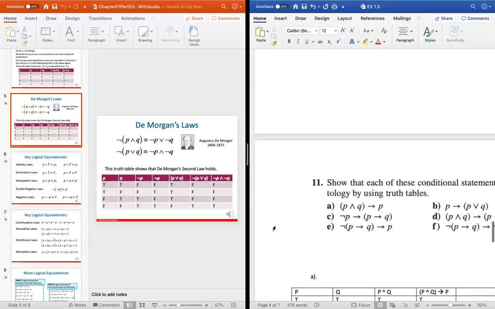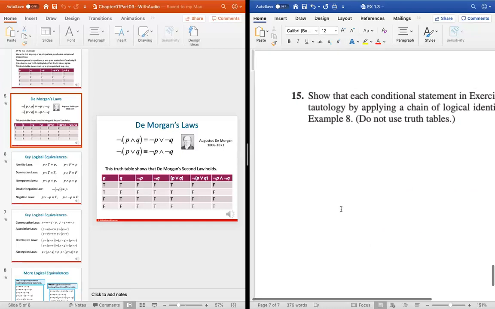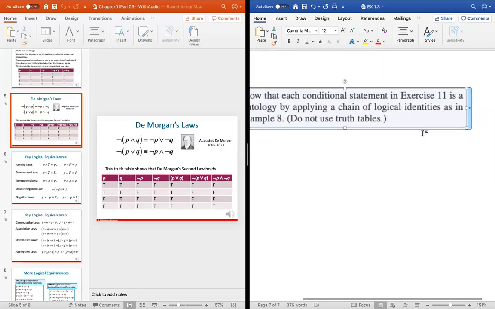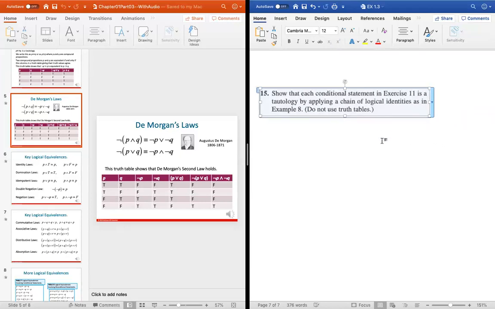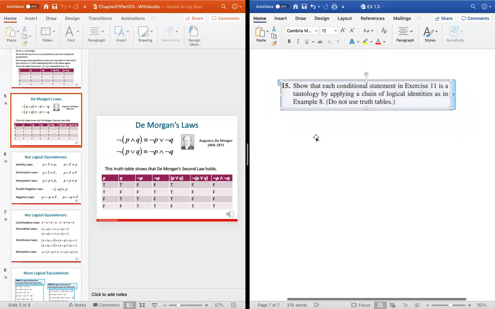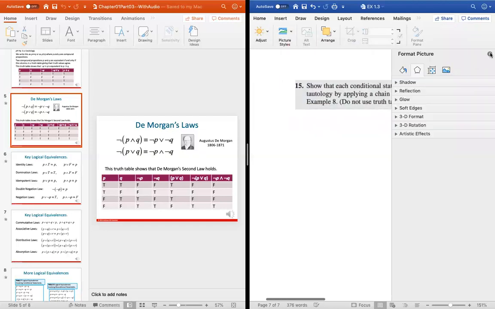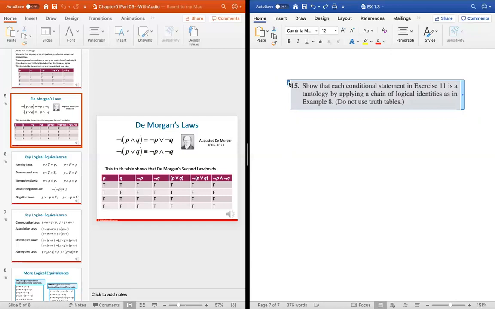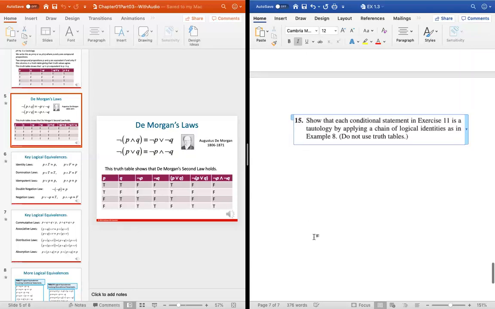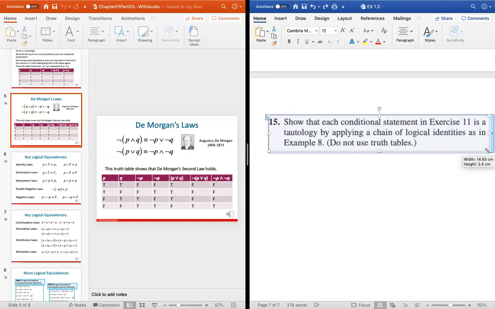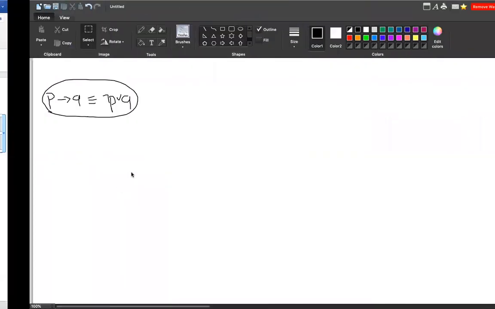Let's take question number 15. We are using the exercise 11 question, and then instead of using the truth table, we will have to prove them using the logical equivalences that we did over here.